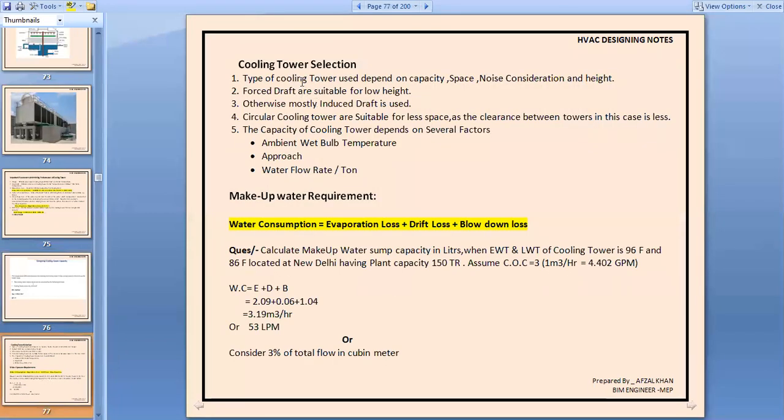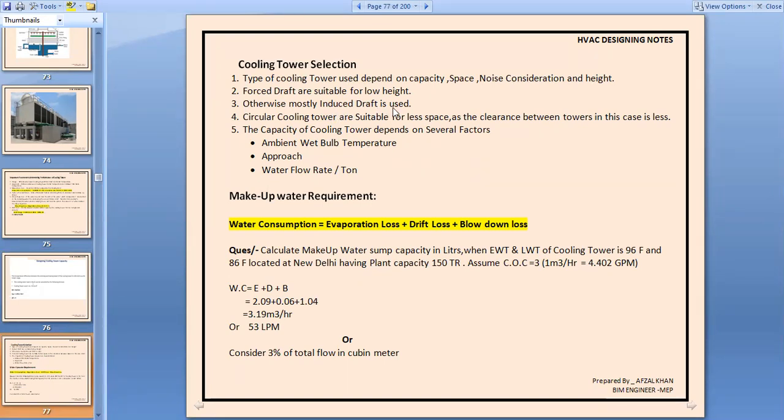Cooling tower selection: the type of cooling tower depends on the capacity, space, noise consideration, and height. That means how much space you have and how much height you have depends on your cooling tower selection. Forced draft is suitable for low height; otherwise, induced draft is mostly used.